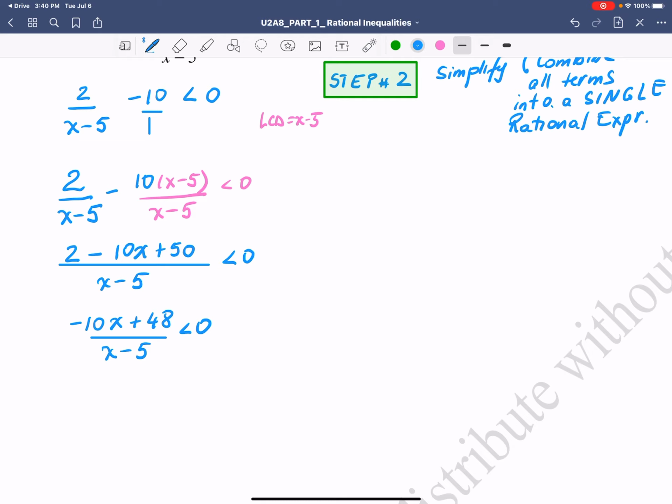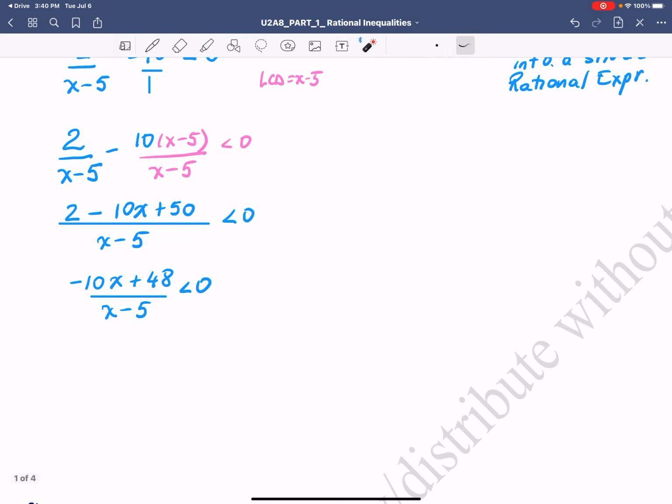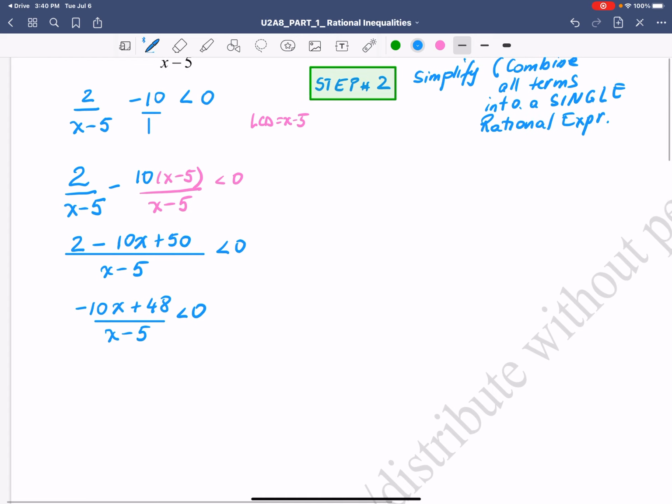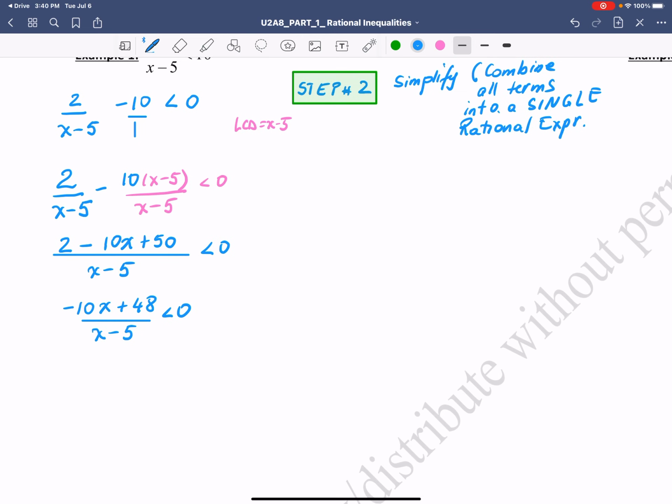Now, once we have completely simplified the left side, which means that we have written the left side as a single rational expression, normally we will check for the factors of each numerator and denominator, and the purpose of it is to find the zeros of the numerator and denominator.